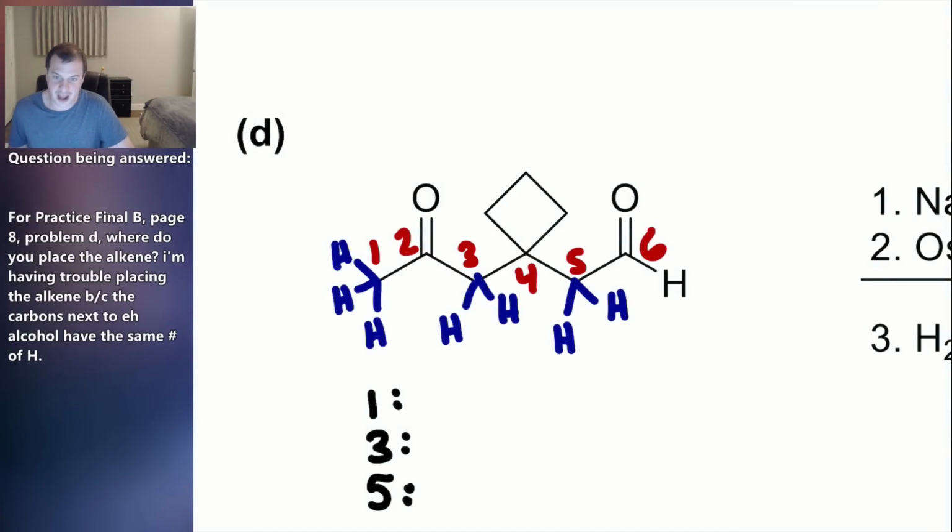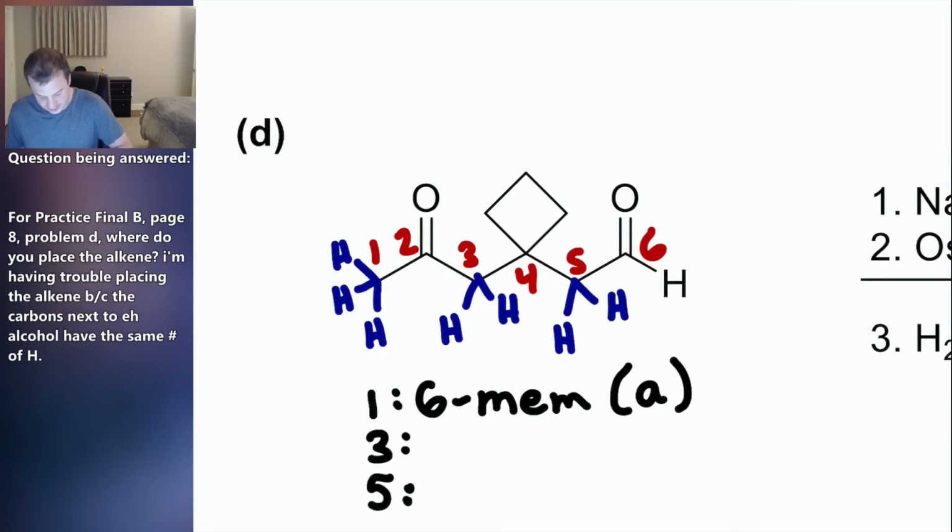And we're going to count to the nearest carbonyl. Starting at 1, 1, 2, 3, 4, 5, 6. That's pretty good. That's a 6-membered ring, counting towards the aldehyde. Starting from 3, we have 1, 2, 3, 4. That's a 4-membered ring, counting towards the aldehyde. And then starting from 5, we have 1, 2, 3, 4.